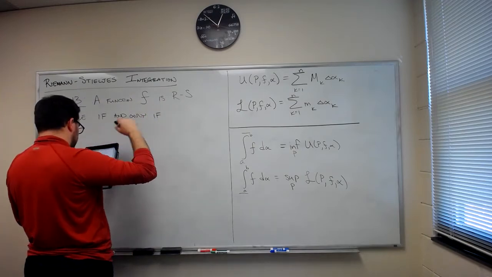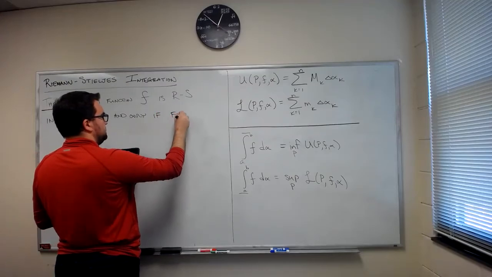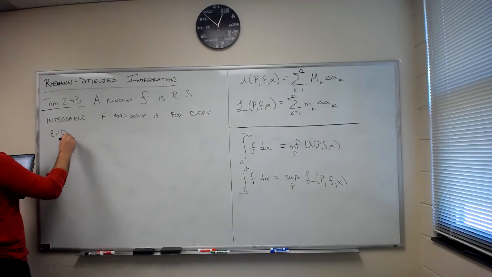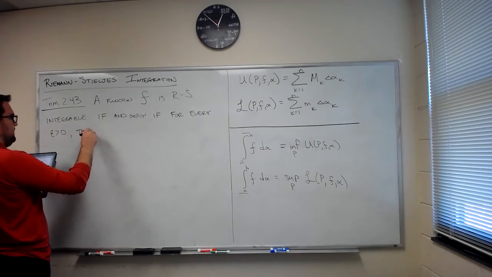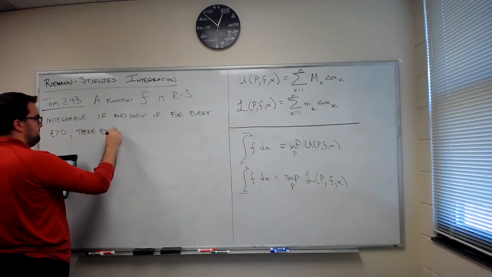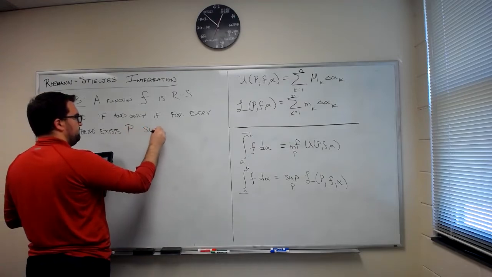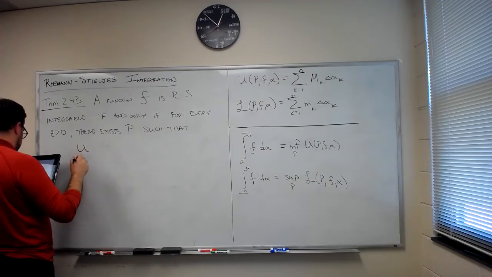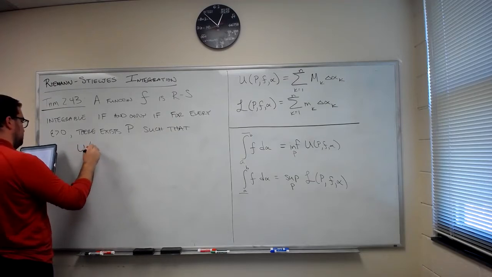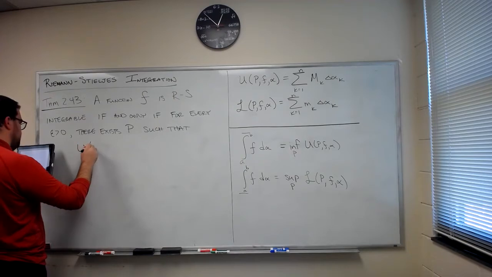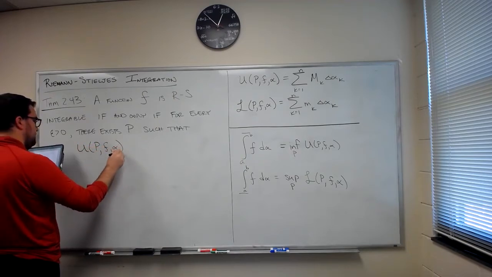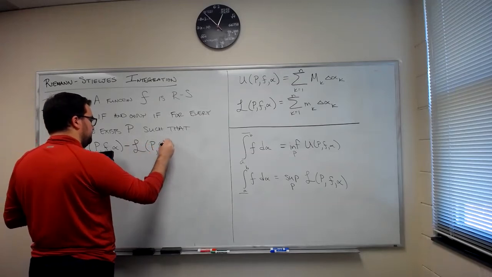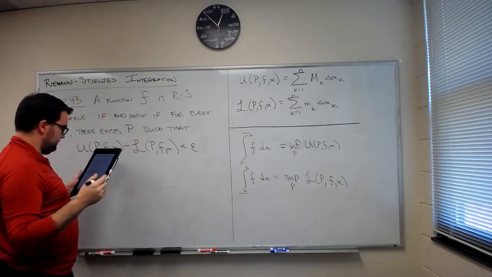for every epsilon greater than 0, there exists a partition P such that the upper Darboux-Stieltjes sum minus the lower Darboux-Stieltjes sum is less than epsilon.